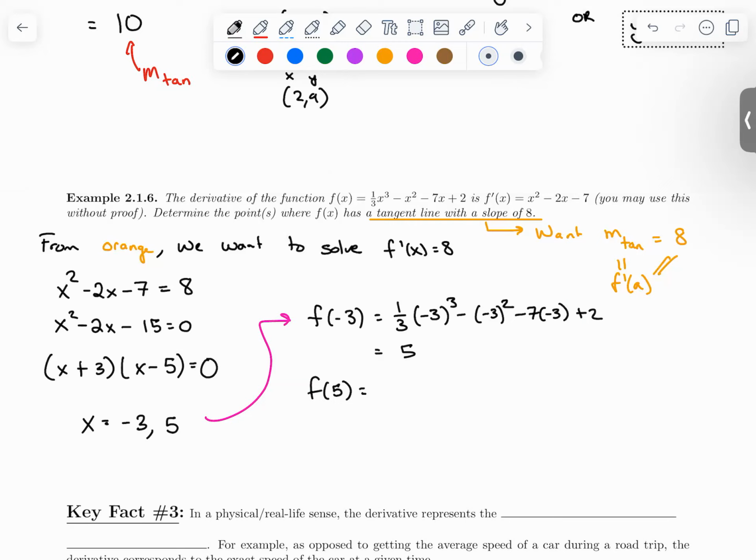All right. Is that what anybody else gets? -299/3. Not sure. Why am I not liking that? That looks just so weird. Oh, because I put in a negative. That's not right. There we go. That's looking right. -49/3. So we have the points -3 comma 5 and the point 5 comma -49/3.